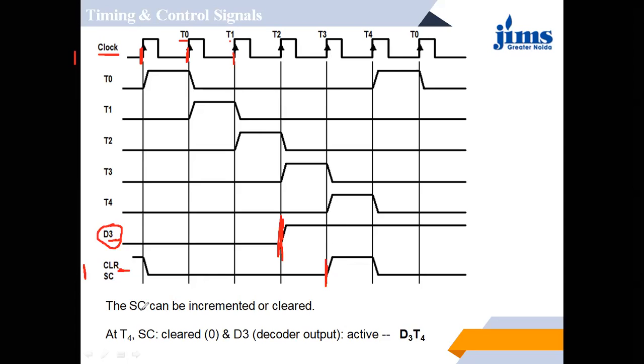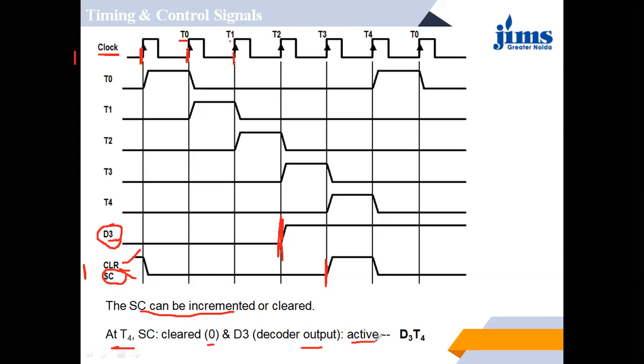So the SC can be incremented or cleared. At time T4, SC will be cleared to 0, and the D3 decoder output will be active.